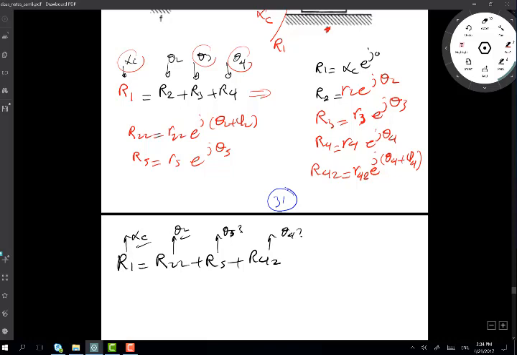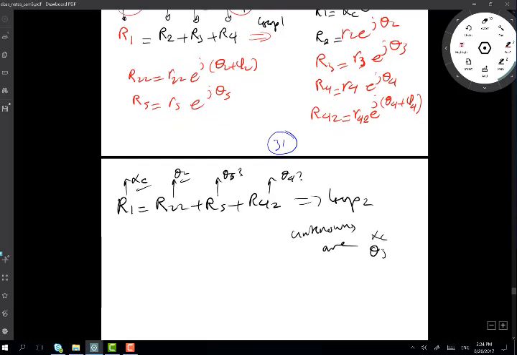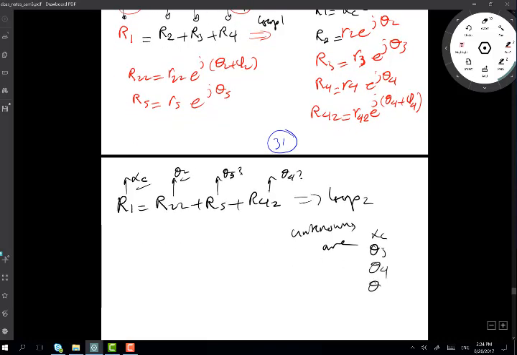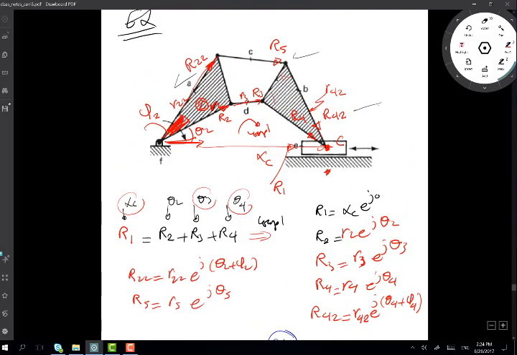So how many unknowns altogether here? I have 1, 2, 3. I have the same unknowns as loop 1. This is loop 1. This one is loop 2. So between the two loops, how many unknowns have I got? My unknowns are Xc, θ3, θ4, and θ5.